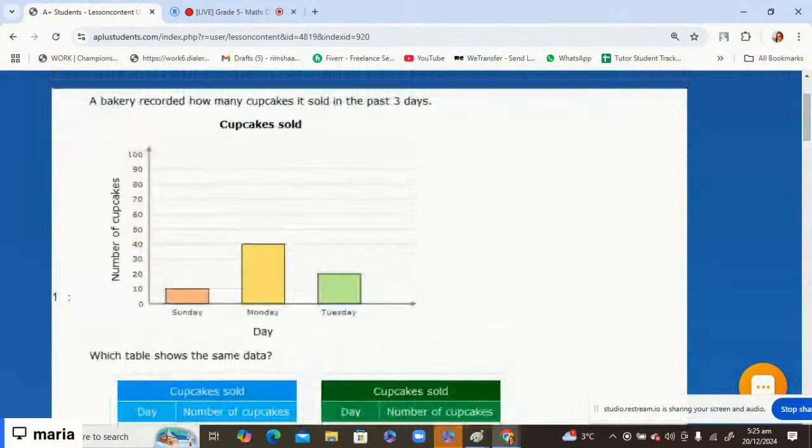So look here. A bakery recorded how many cupcakes it sold in the past 3 days, on Sunday, Monday, and Tuesday. Sunday is 10, Monday is 40, and Tuesday is 20. Which table shows the same data? Let's check it out.